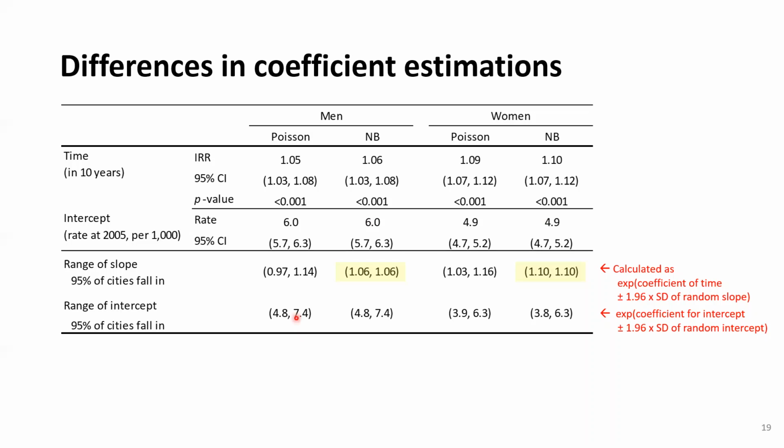Uriel? Yeah, just a quick question. You've computed these confidence intervals as parametric confidence intervals, because you could also have computed them by hand, right?